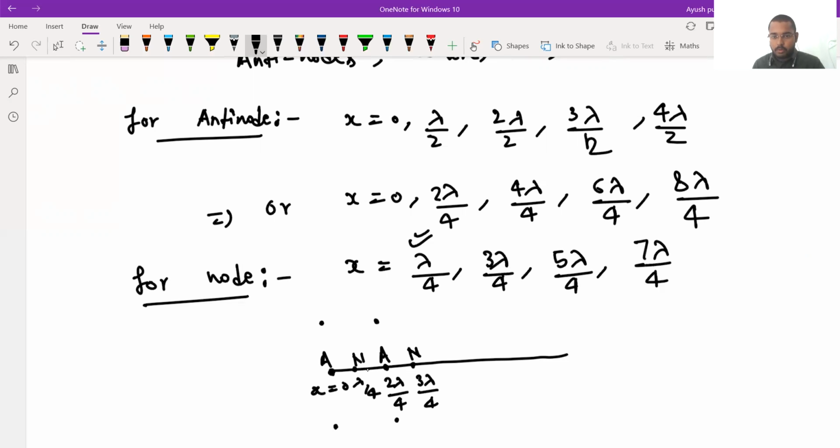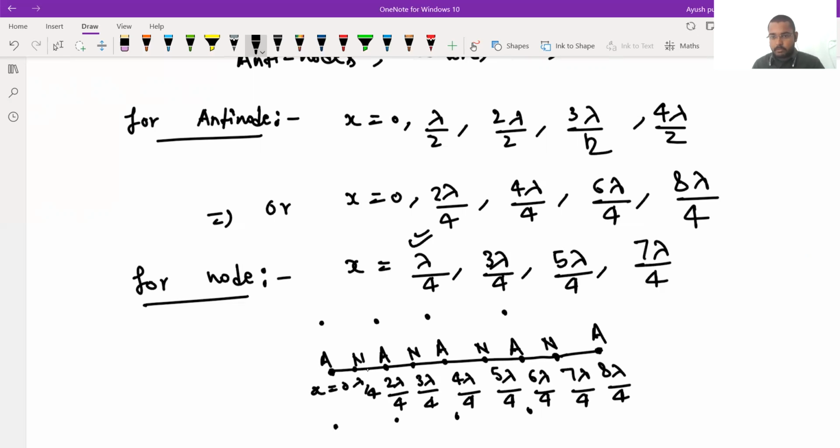Then 4 lambda by 4, antinode. 5 lambda by 4, node. 6 lambda by 4, antinode. 7 lambda by 4, node. And 8 lambda by 4, antinode. At an antinode, the displacement will be maximum.